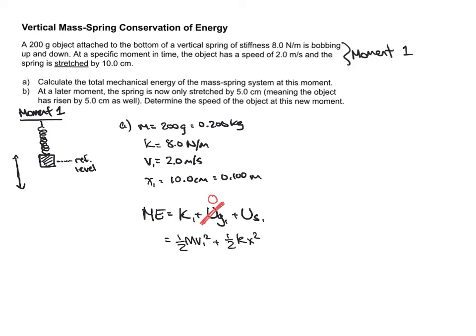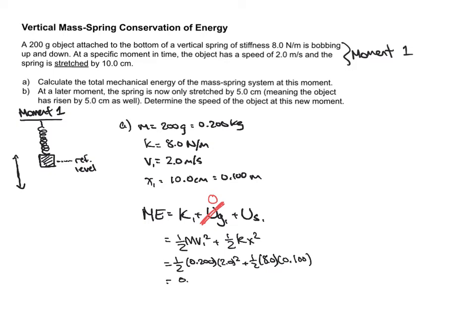Those are the formulas for the energies. Sub in the values, the SI values, and figure that out. All right, let's go with the mental math here. Half times 2 squared is 2 times 0.2 is 0.4.